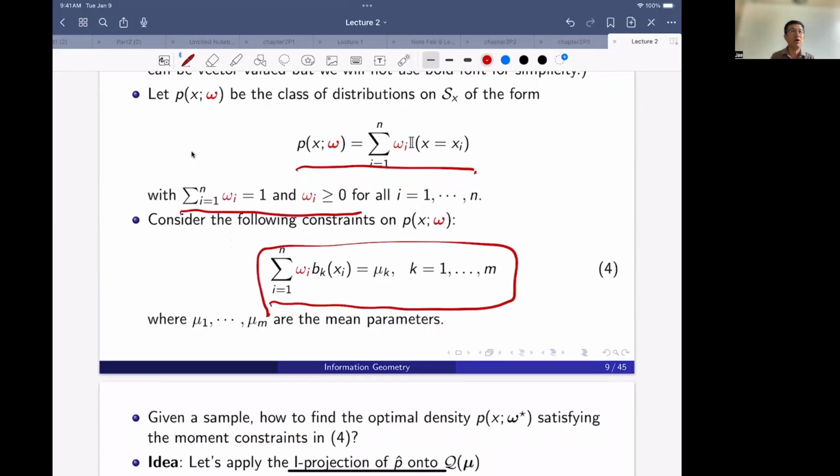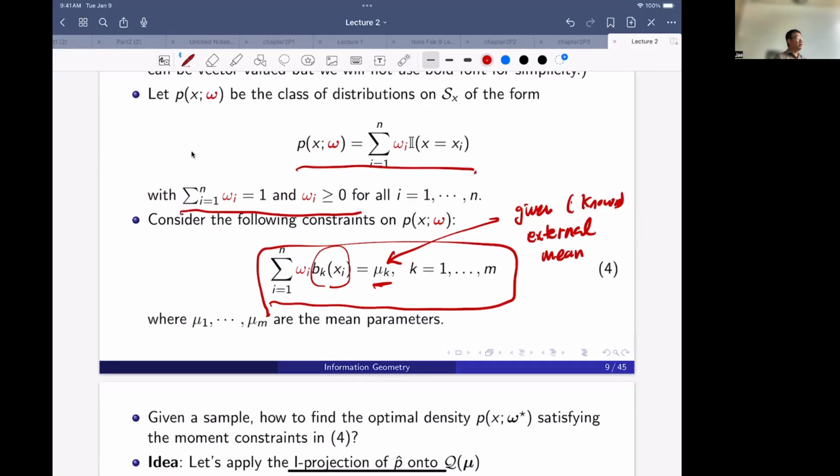So we want the weighted mean of the sufficient statistic, which is B, equal to the mean of a given population, or known external mean, which is different from the sample mean.